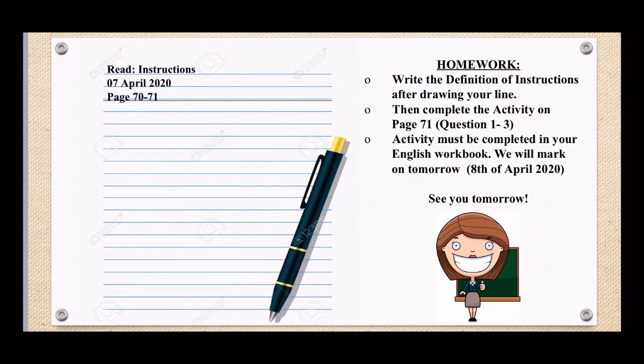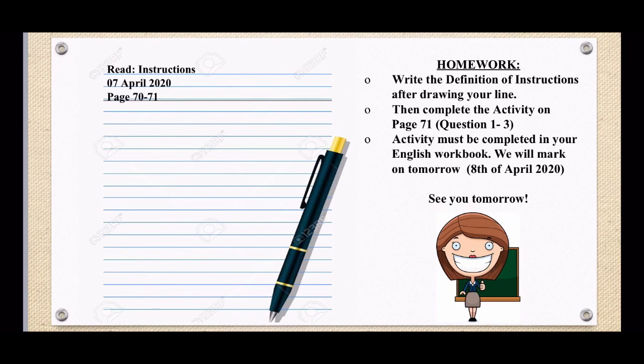Okay, so for homework, I want you to open up your English workbooks and on top of a new page, write the heading Read and instructions, the date 7th of April 2020, page number 70 to 71, and draw a line, please.